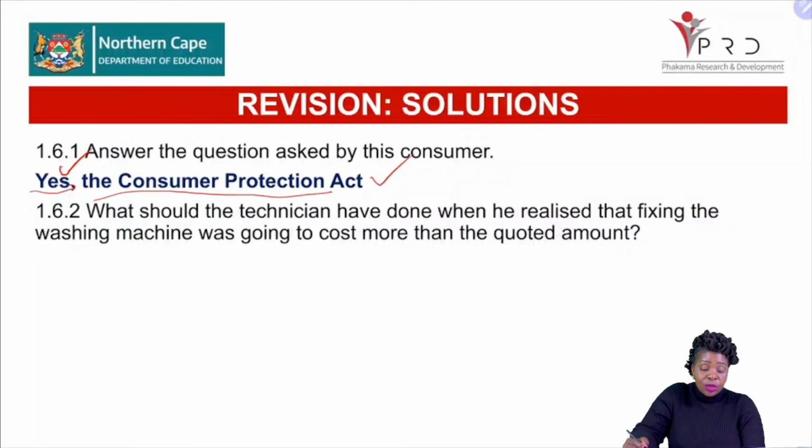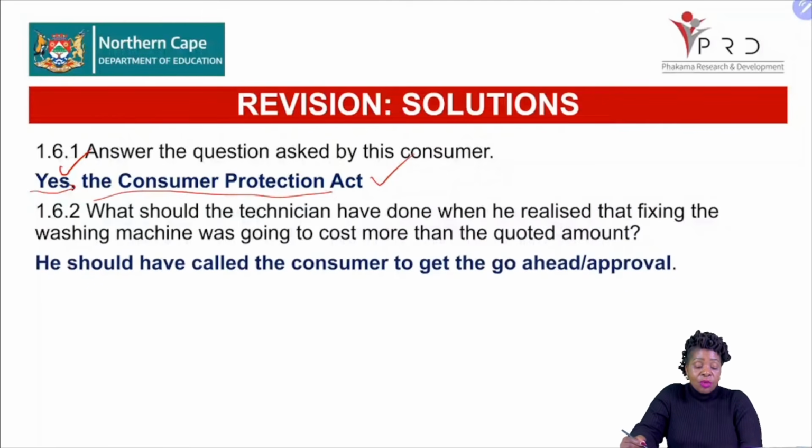And then 1.6.2 says, what should the technician have done when he realized that fixing the machine was going to cost more than the quoted amount? Right? So he should have called the consumer to get the go-ahead or the approval.